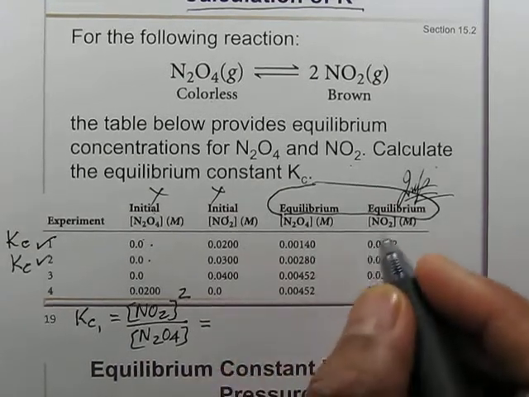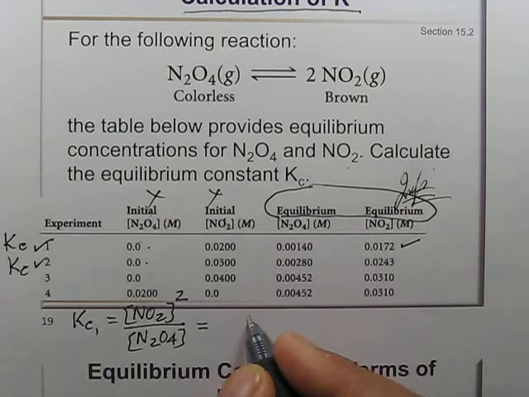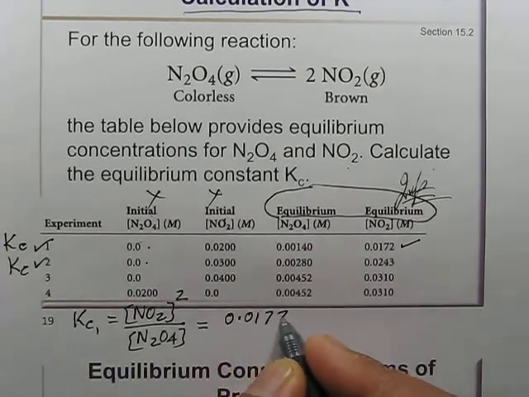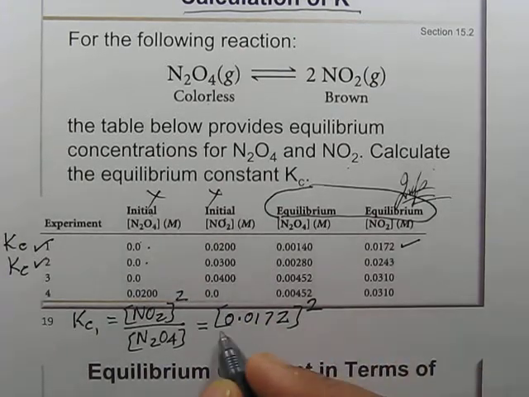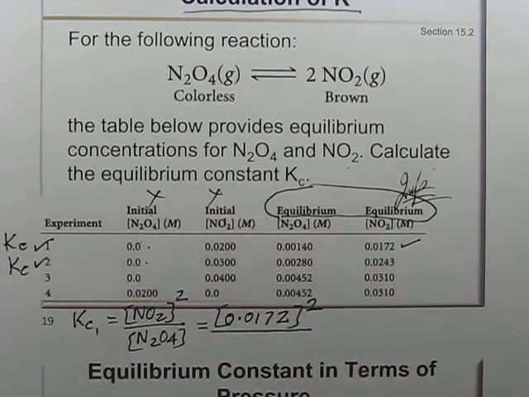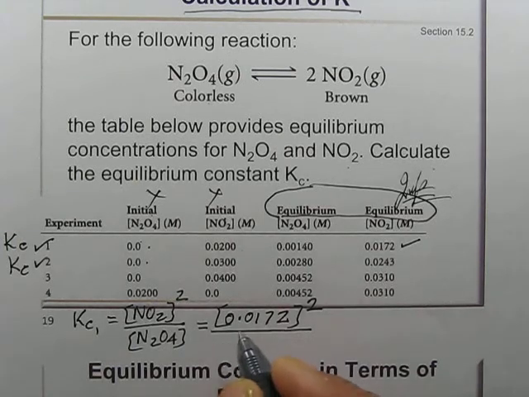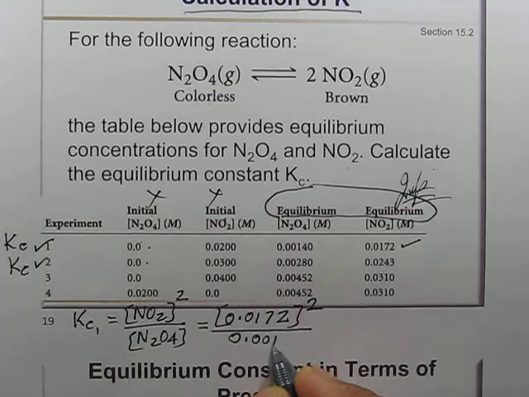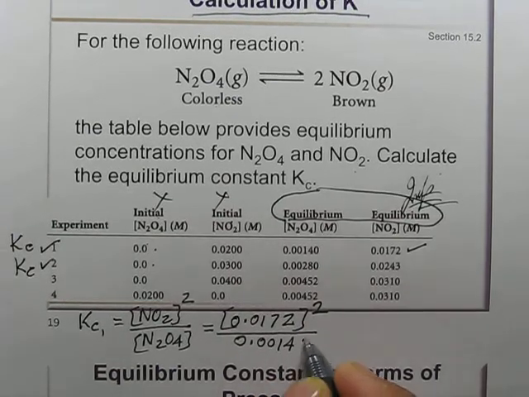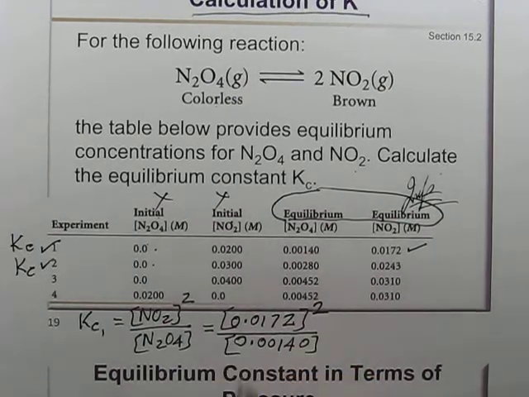For the first experiment, the product will be 0.0172 in parentheses raised to the power 2, divided by the reactant concentration, which is 0.00140.